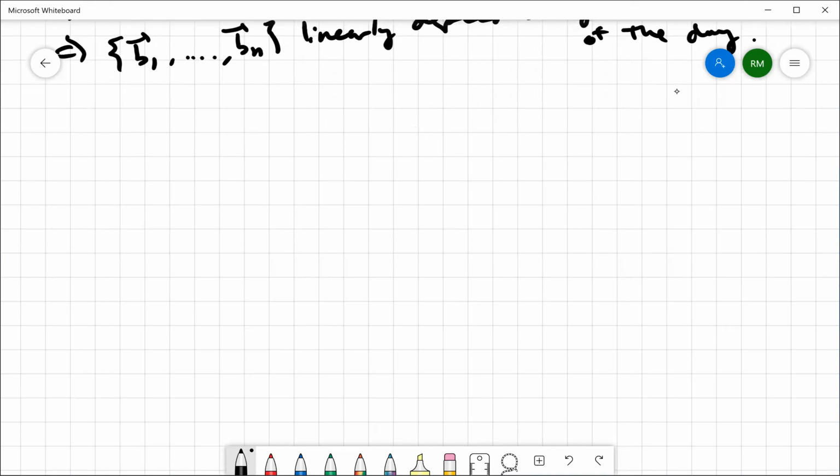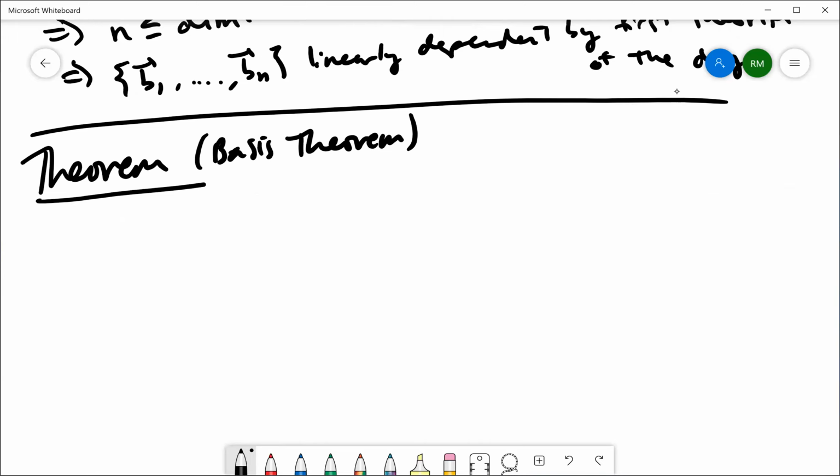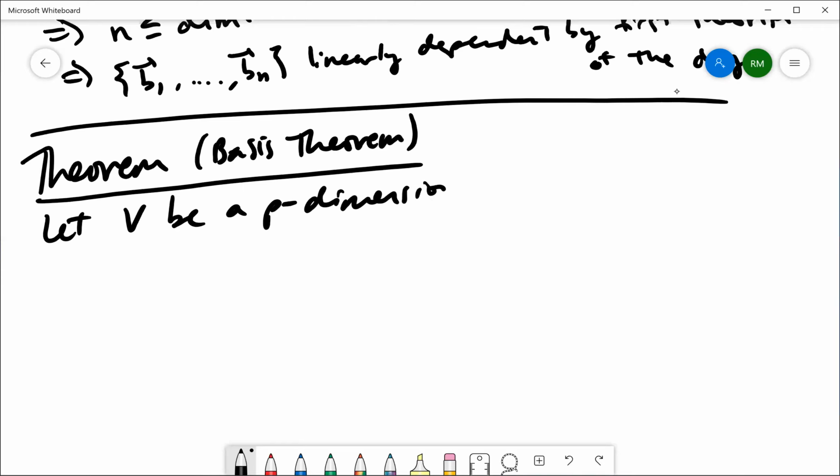So this all leads to another theorem called the basis theorem. What this theorem tells us is, let V be a p-dimensional vector space, and p is going to be at least 1.